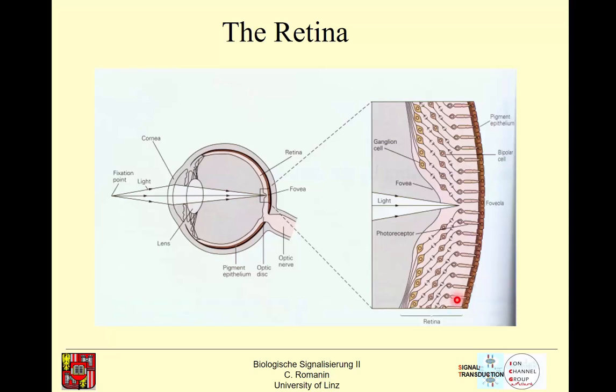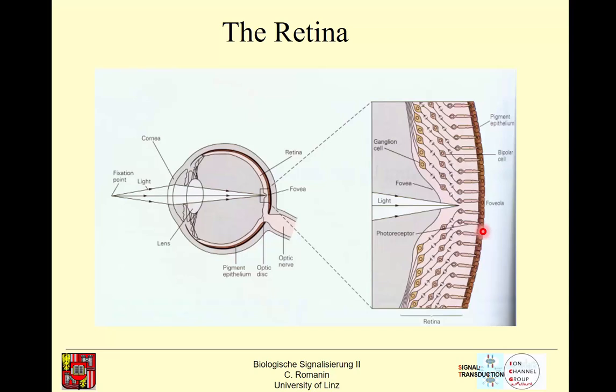Interestingly, as we will see in a minute, the cells that respond to light are farthest away, but the distance does not matter because there are only 2 layers of cells above, and the light can easily transmit through and reach those cells which are sensitive to light.